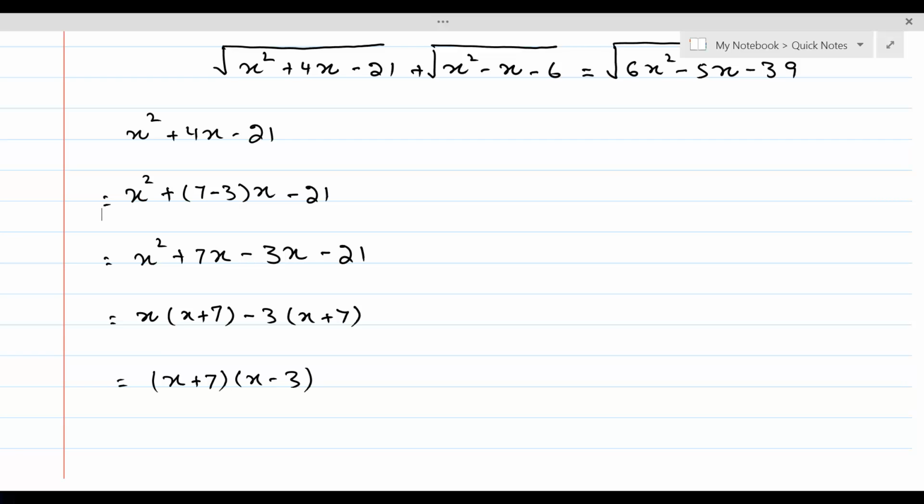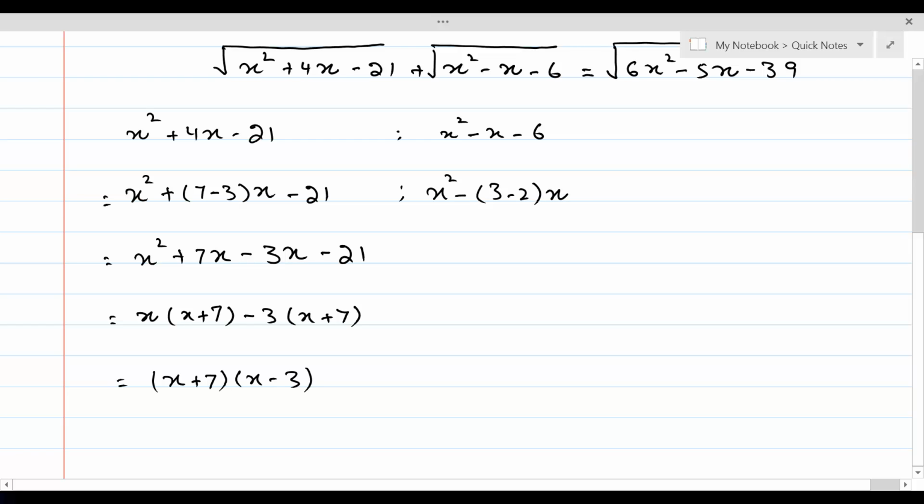So let's solve the second expression, which is x squared minus x minus 6. Again, AC is negative, so we must find two factors of 6 whose difference is equal to 1. So this would be x squared minus 3x plus 2x minus 6.